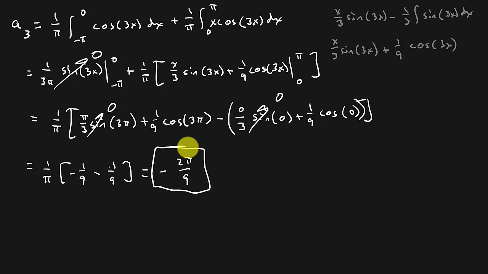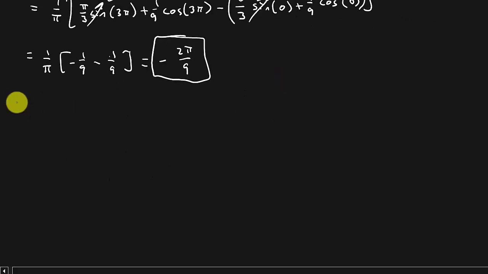All right, now, all we've done is find the coefficients A. Now we got to do B. So let's find B1. So that's going to be 1 over pi, from -pi to 0.